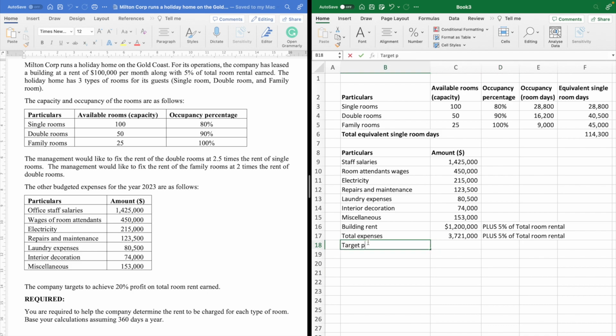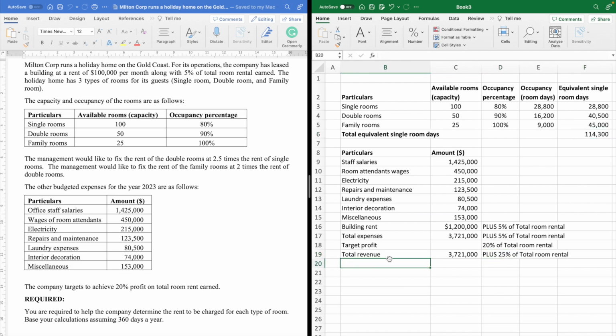We are told that the company would like to earn a target profit of 20% of total room rental. So the total revenue would be total expenses plus target profit. So the total revenue can be written as 3.721 million plus 25% of total room rental.